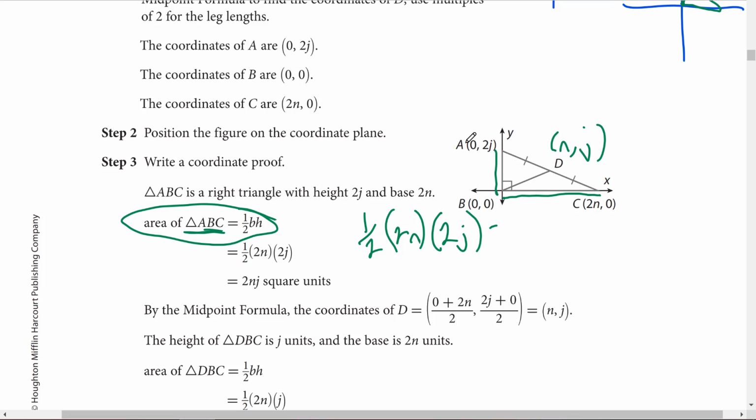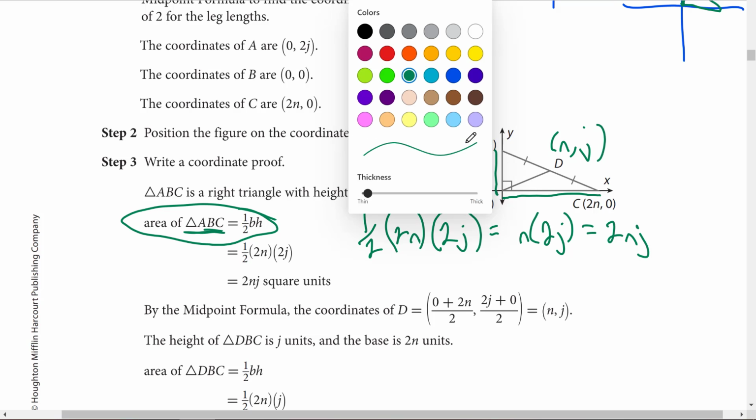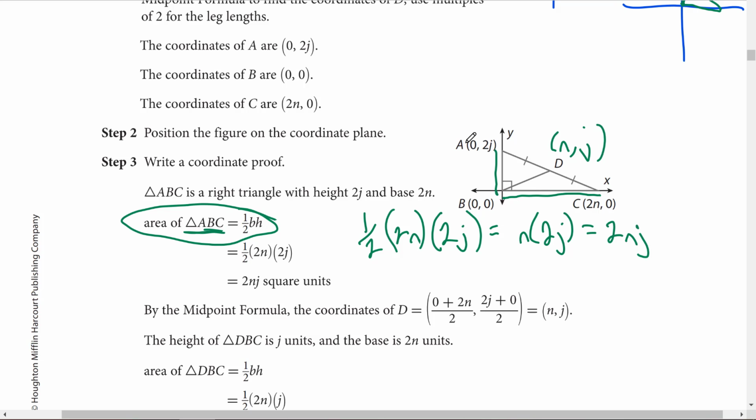Let's work that out. We've got 1/2 times 2n is going to give me n. So I've got n times 2j becomes 2nj. That's the area for the big triangle.